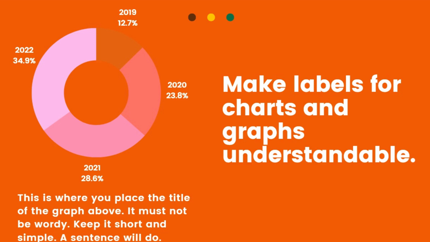It is short and simple, and just one sentence will do. And remember, guys, that when you do your labels for your graphs and charts, make sure that your label is not very wordy. Double check the grammar, of course.